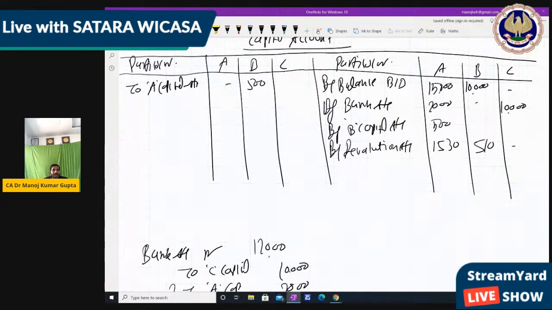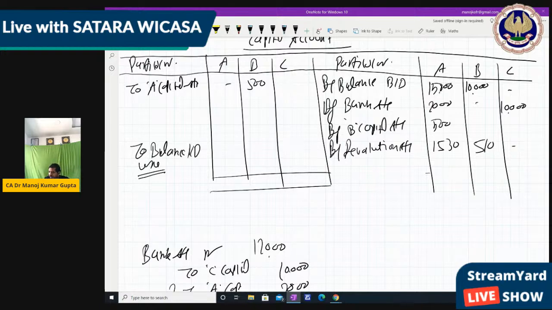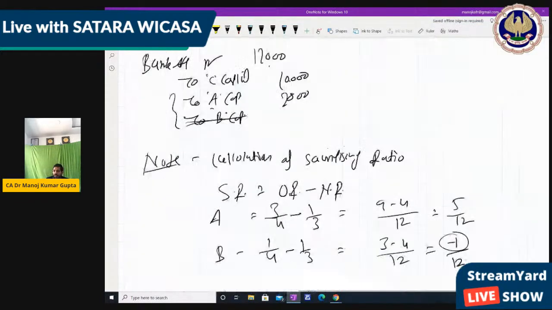Now what we should do, we have to make capital proportionate. So we write balance carried down, and for that we make a working note. For that first we have to close C, because C's capital is the base. So 10,000 is C's capital balance. We had directly written 10,000 only. 2,000 we had transferred to A's capital because he is bringing it for goodwill, and for goodwill the entire sacrifice is by A only, right? So the 2,000 we had given to A only.